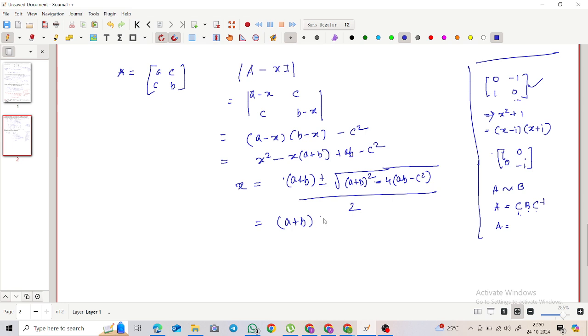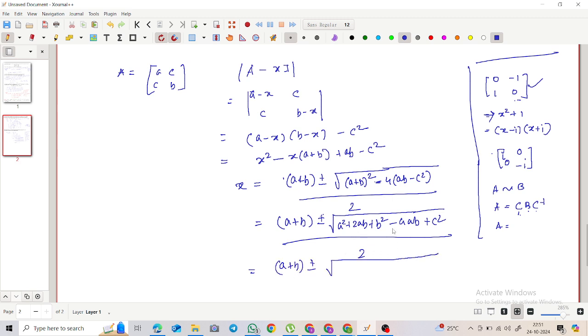This is a square plus 2ab plus b square minus 4ab plus c square. So a plus b plus minus root over, see, this is a minus b whole square, so that should be 4c square. Sorry, 4c square. Right.